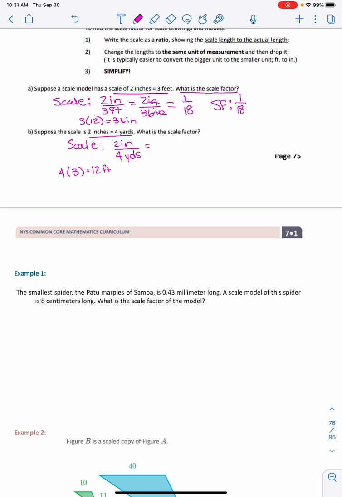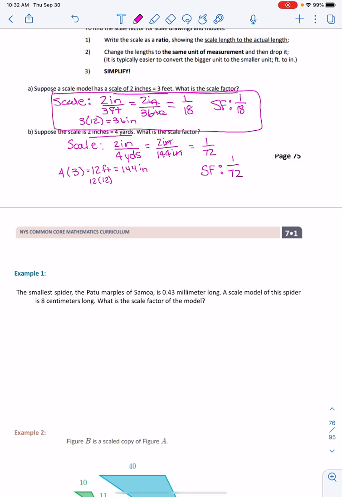In order to change the 12 feet, I would have to multiply that by 12, because there's 12 inches in every foot. So that would give me 144 inches. So to rewrite that, I would have 2 inches for 144 inches. And I would cross off the inches. And when I simplify that, I get 1 over 72. So my scale factor is 1 over 72. So this right here, ladies and gentlemen, is what I want to see on the homework.